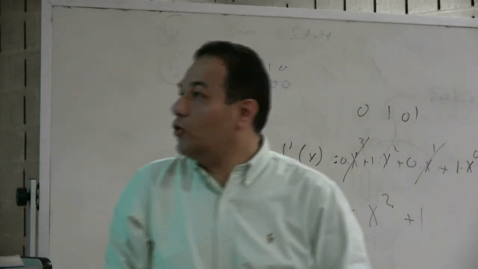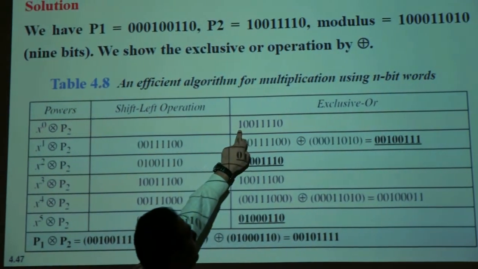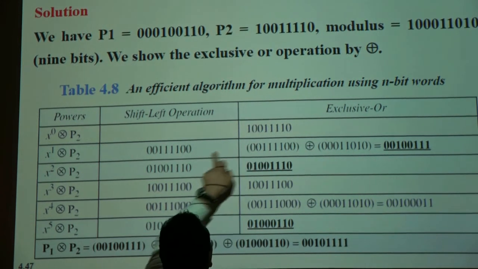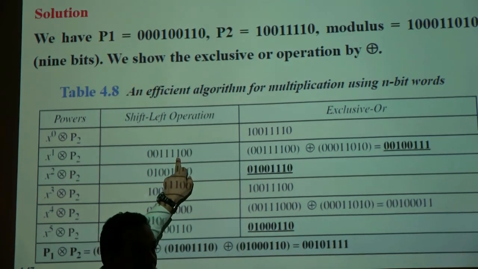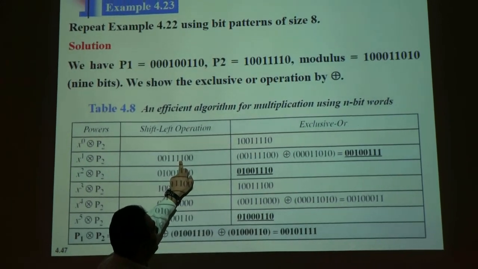So in here, every time we multiply with an extra x, what are we doing? A left shift. In here, it ends with 1. So this is what we have to do: left shift, and we'll put it here, so multiplied by x. That's the result in here.